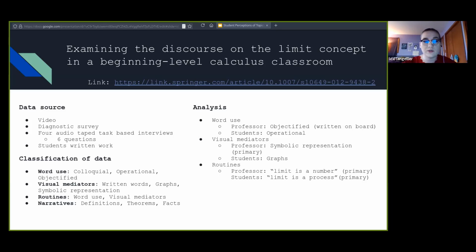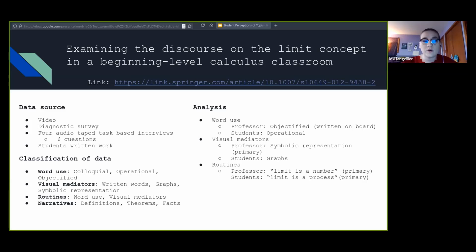They also looked at visual mediators, so written words versus graphs or symbolic representation. And then the routines in the classroom, so when and how were these routines used, with algebra-based routines most used by the instructor. And then less focused on in this research was narrative, so definitions, theorems, or facts.